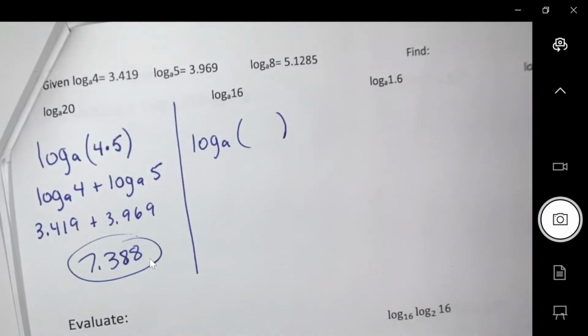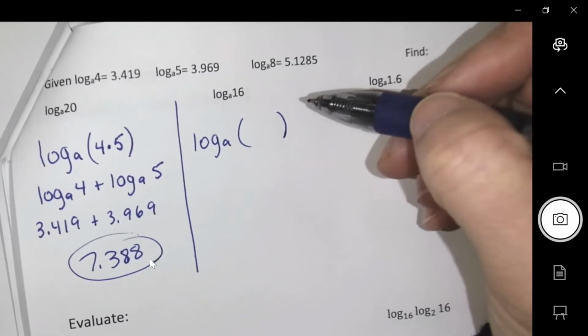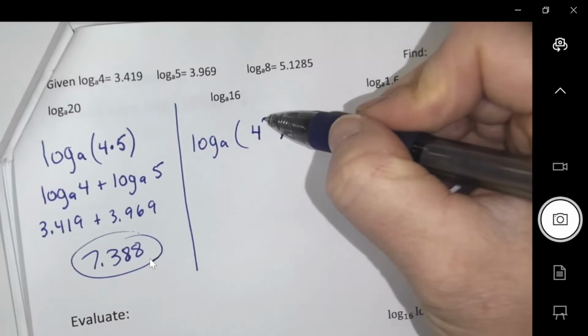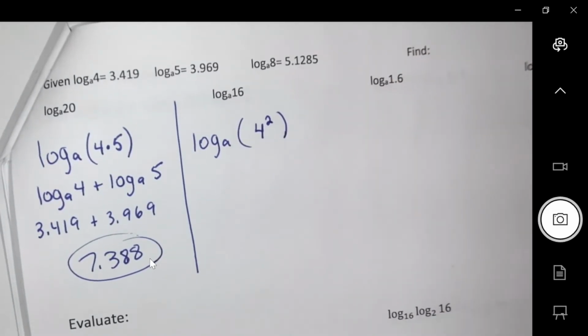Okay. 16. How can I get a 16? I'm allowed to use a 4, a 5, and 8, multiply something, I can divide something, or I can use exponents. How would I get a 16 out of something? 4 times 4. 4 times 4, or can I do 4 squared? Both will work. Okay, using the rules, how do I change the rules?